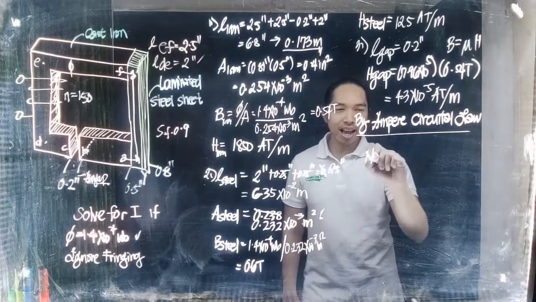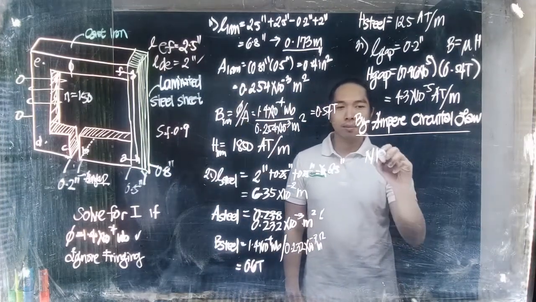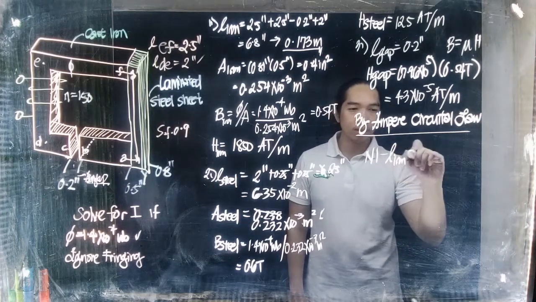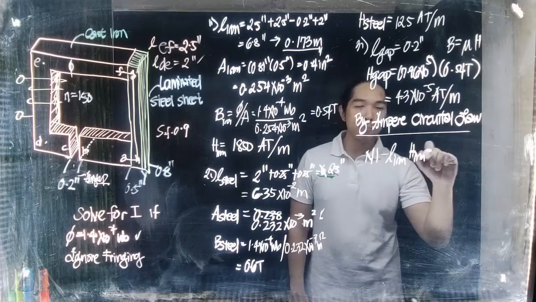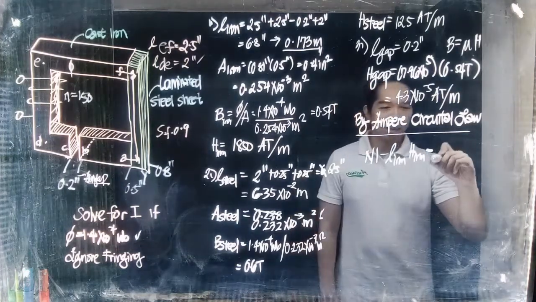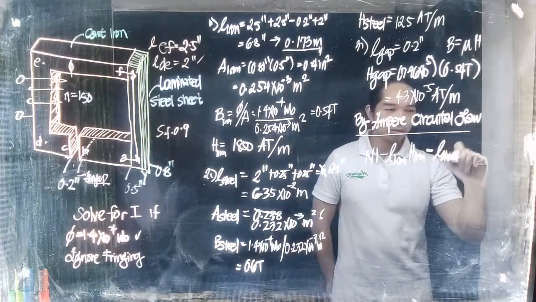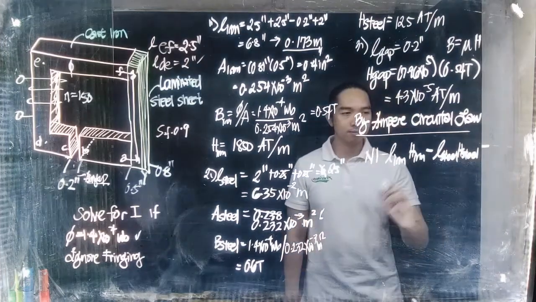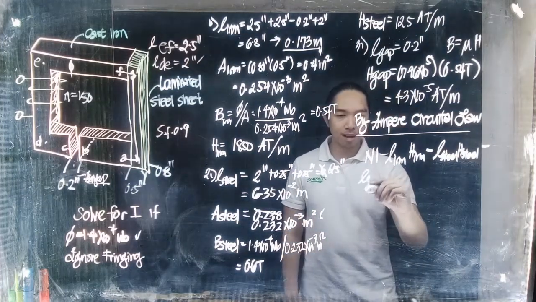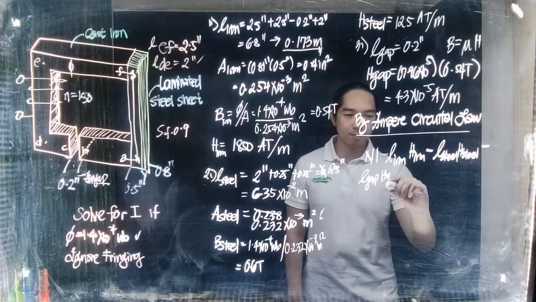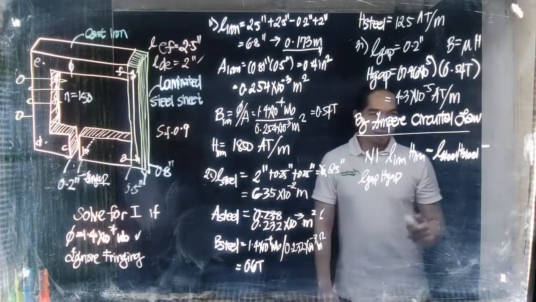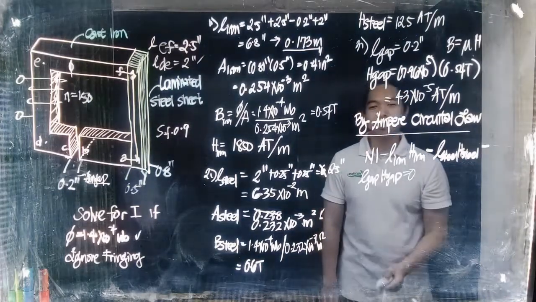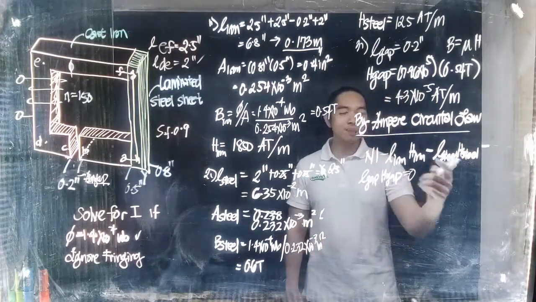So, that Ni minus L of iron, H of iron, minus L of steel, H of steel, minus L of the gap, H of the gap. So, transposing everything na to the right-hand side, so equal to 0, would give us magka-plus tong lahat.